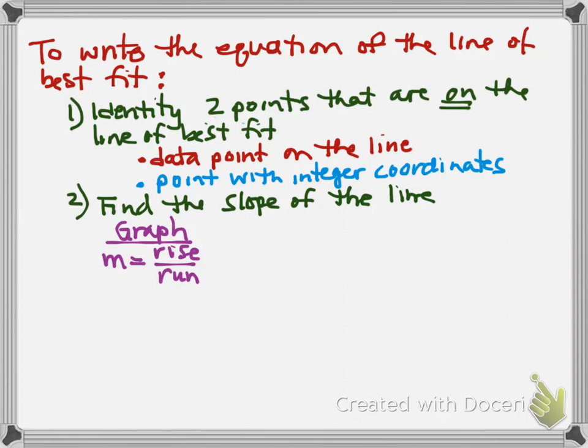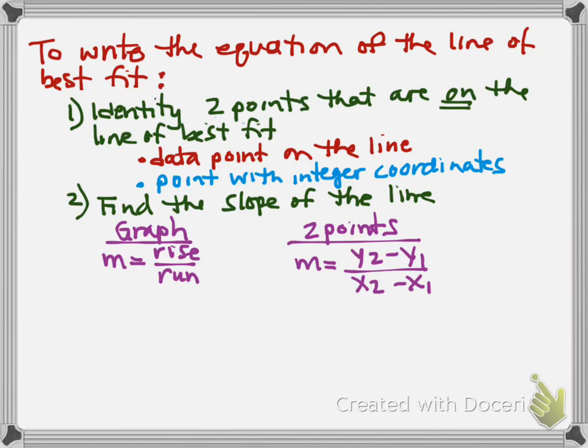If, however, you have 2 points of data, that's when you're going to use the slope formula. M equals y sub 2 minus y sub 1 over x sub 2 minus x sub 1. So again, it depends upon what the question is, what you can do. I still think just doing the formula is the easiest.